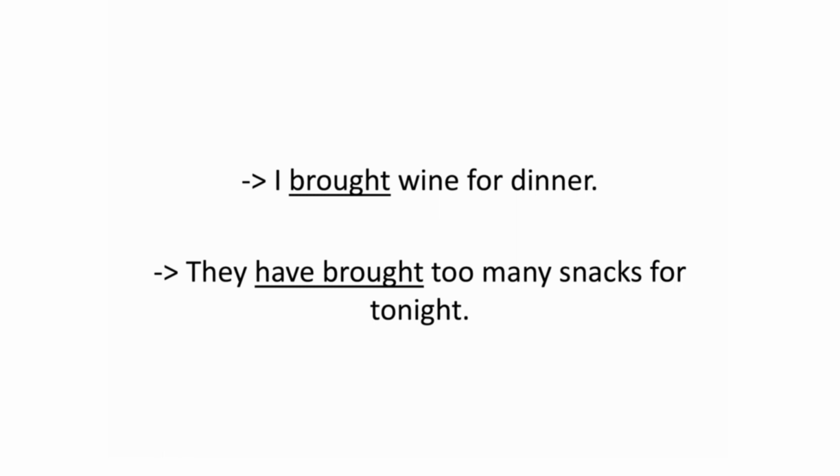It happened once at a specific time. The second sentence in the present perfect has an impact on the present. It is an action in the past that will affect the present or future.